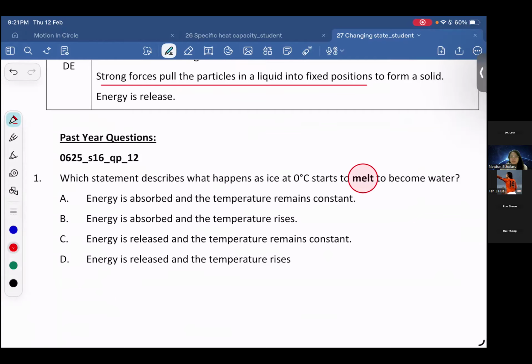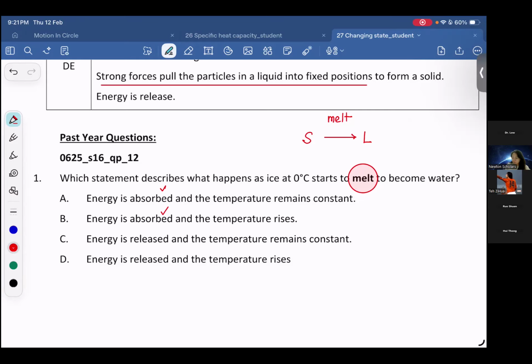Daniel, here you see, melt is from solid to liquid. So this one is melting. We want to make the ice melt, so we should supply heat to the ice, not take the heat out. So the answer is we should absorb the heat. The ice should absorb the heat, right? So the answer should be A or B, absorb the heat.